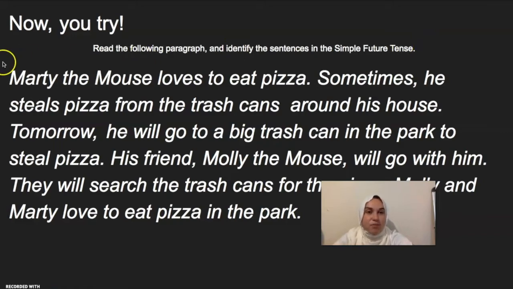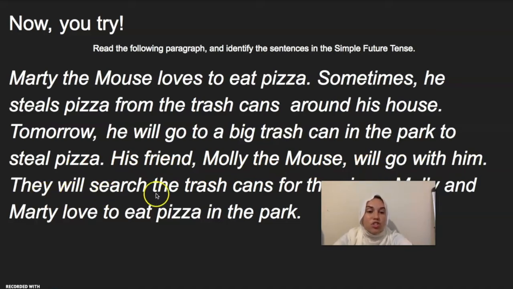Let's read together. Marty the mouse loves to eat pizza. Sometimes he steals pizza from the trash cans around his house. Ew. Tomorrow, he will go to a big trash can in the park to steal pizza. His friend, Molly the mouse, will go with him.